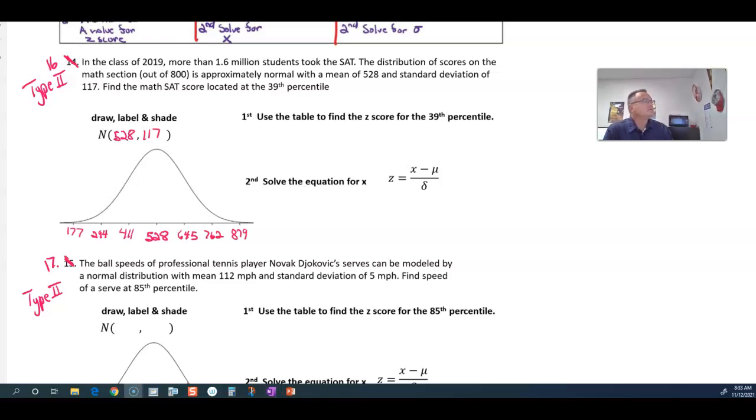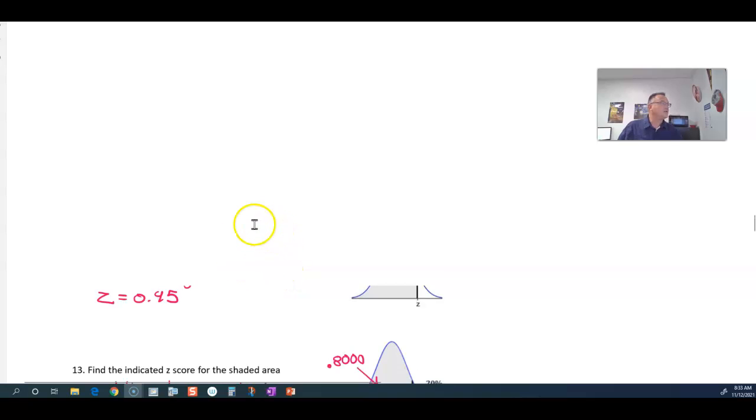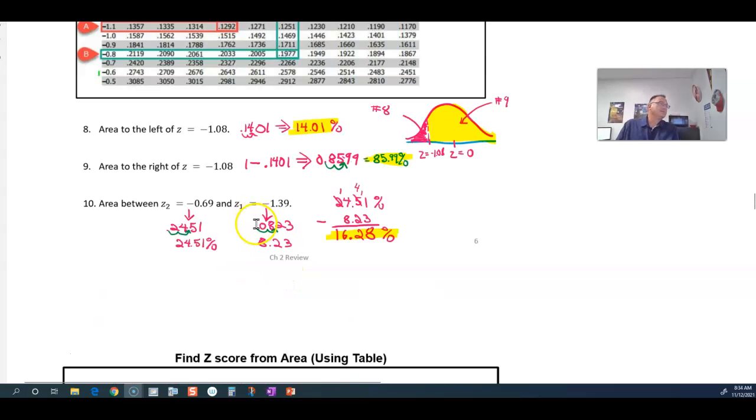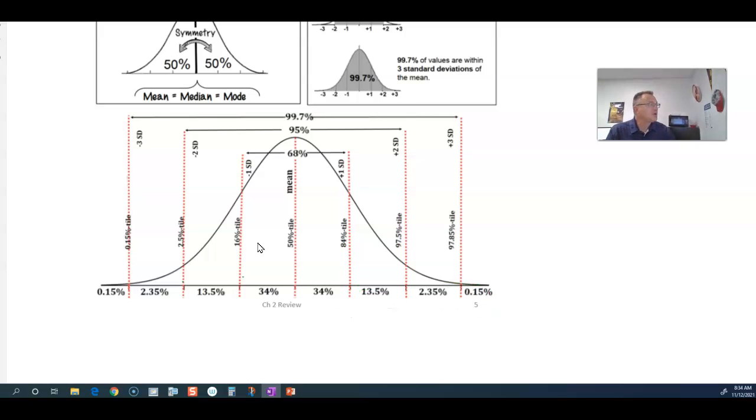So now this one's telling you find the math score located at the 39th percentile. All right, so when we look at our charts, guys, the 39th percentile, if I was going to shade in 39%, it kind of gives you an idea of where it would be. If you shaded all the way up to the middle, that would be the 50th percentile.